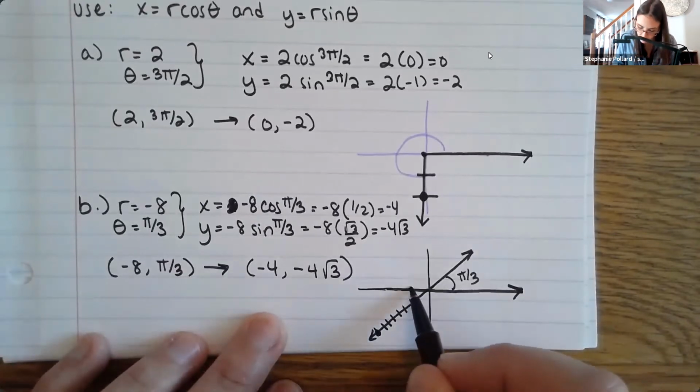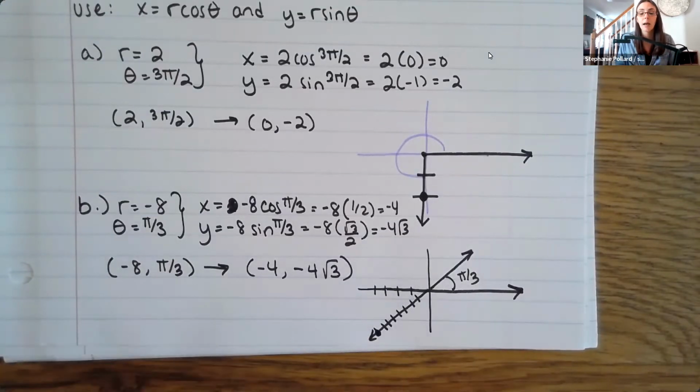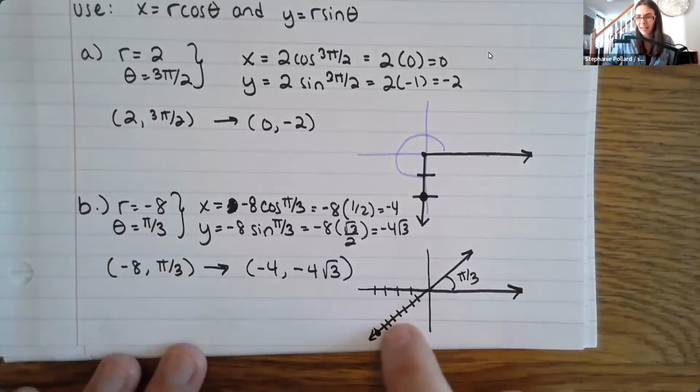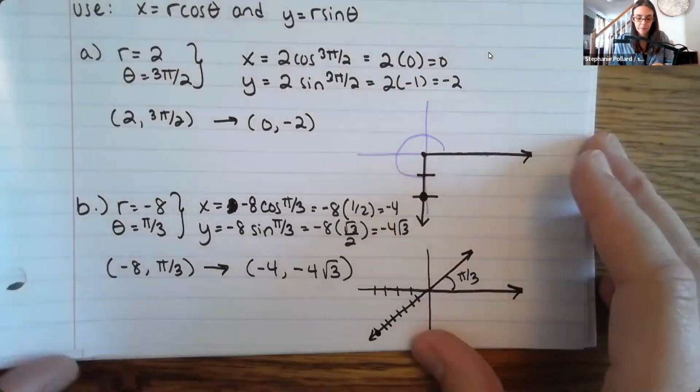So negative 1, 2, 3, 4. And then again, that would be the same value of negative 4 root 3. You can approximate that with your decimal. So it is the same point on the graph. Remember, these units are going diagonal because they're circular, whereas these are going linear. So it makes it a little bit hard to match up, but they do actually match up in that realm.